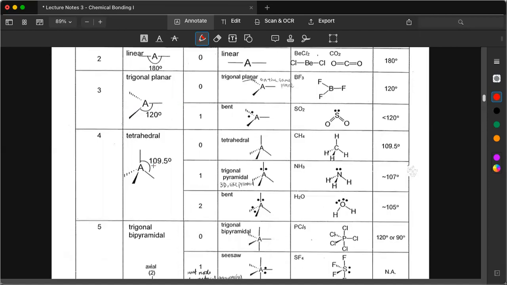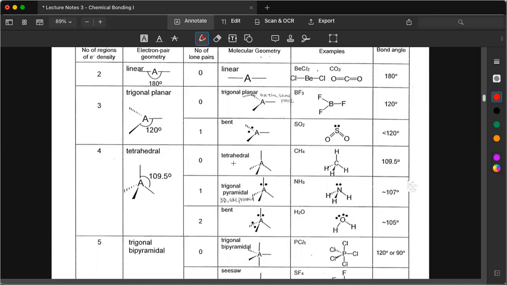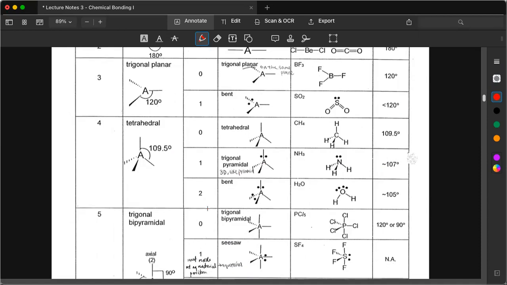Now, if we have the central atom bonded to 4 atoms, this shape is called tetrahedral. The angle is 109.5 degrees. If we have 1 lone pair, it's called trigonal pyramidal, which will be about 107 degrees. 2 lone pairs is described as bent, like water, with 105 degrees as the bond angle.